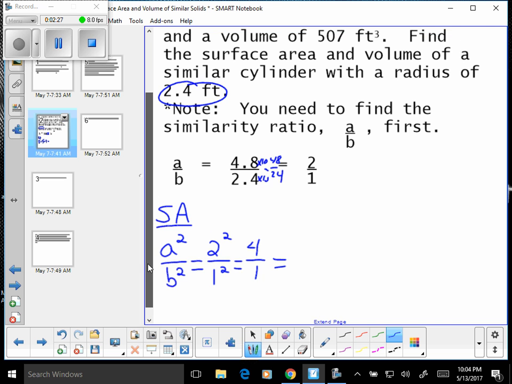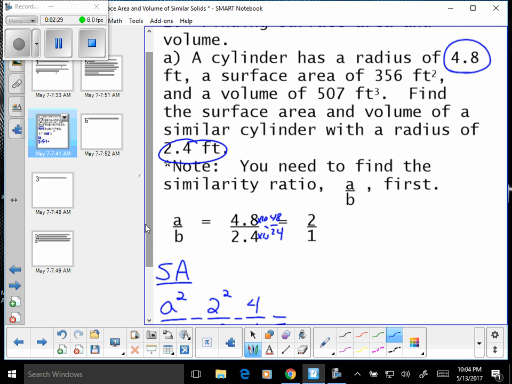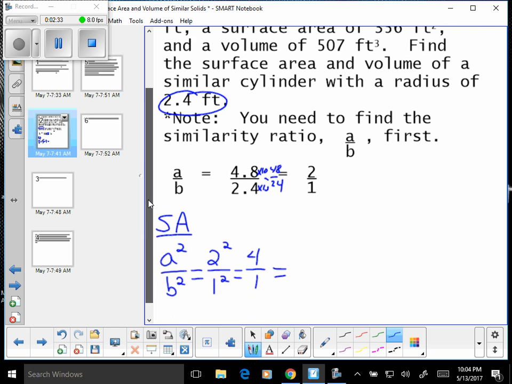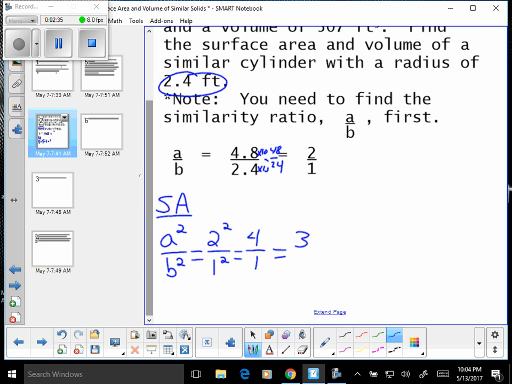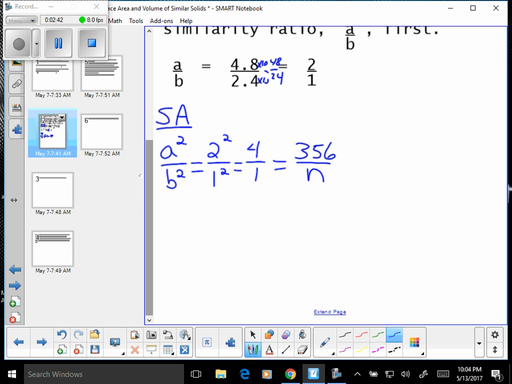Now the surface area I do know is the surface area of the first cylinder. Therefore, I'm going to put the 356 in the first term position. And I do not know my second surface area.